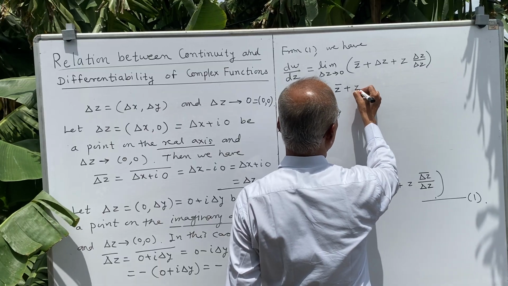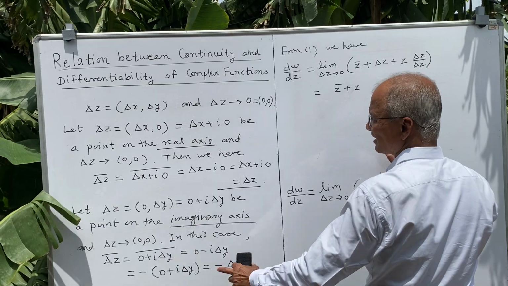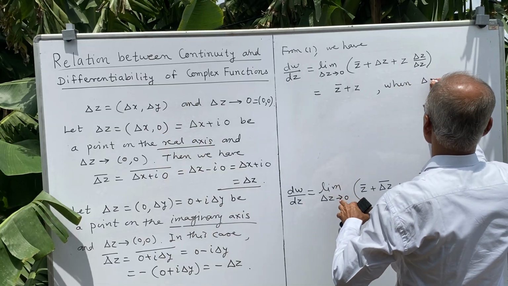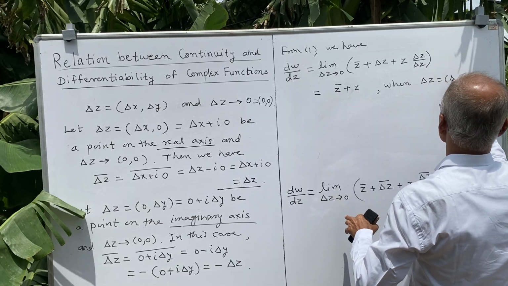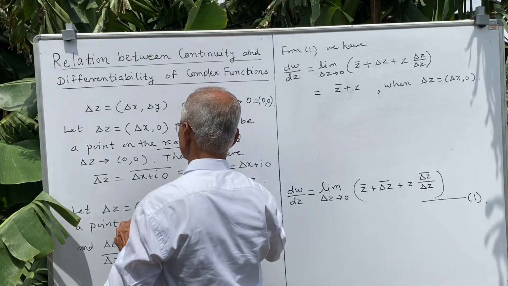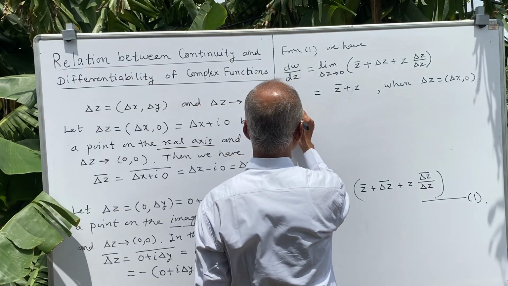So we get z bar plus z when delta z is delta x comma 0, that is, delta z is a point on the real axis.